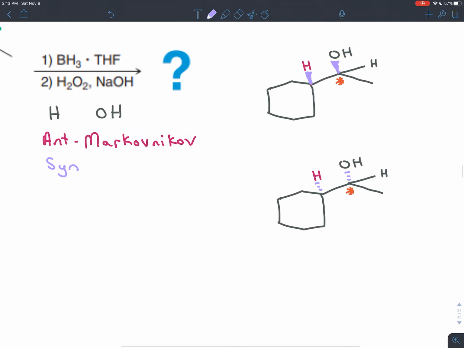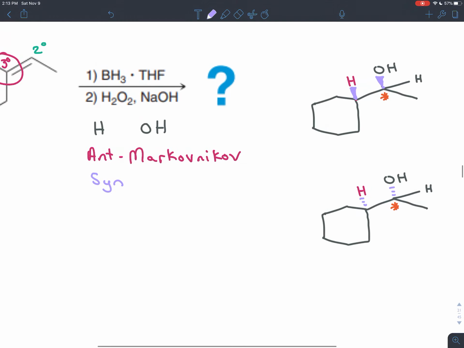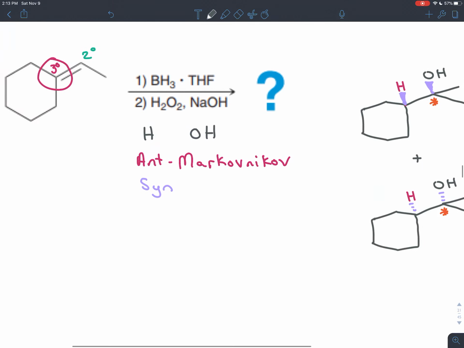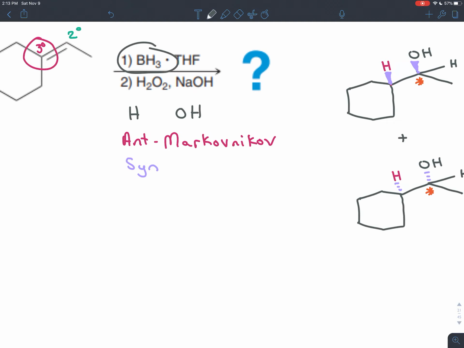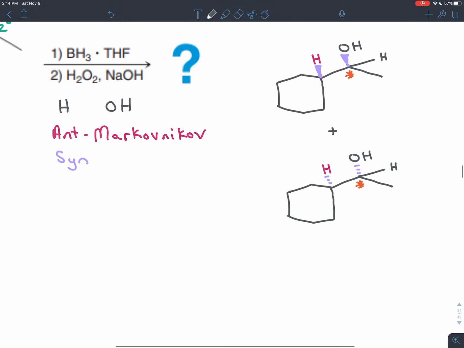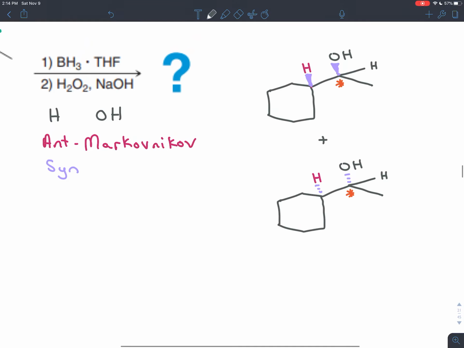So those are the two possible products we could get here. It's going to be a racemic mixture of the two because the alkene was trigonal planar. The carbons in the alkene are trigonal planar, so it's flat, and the borane can land on either side of it with equal probability. And the boron just gets replaced with the oxygen to give you your product. So these are our two possibilities.